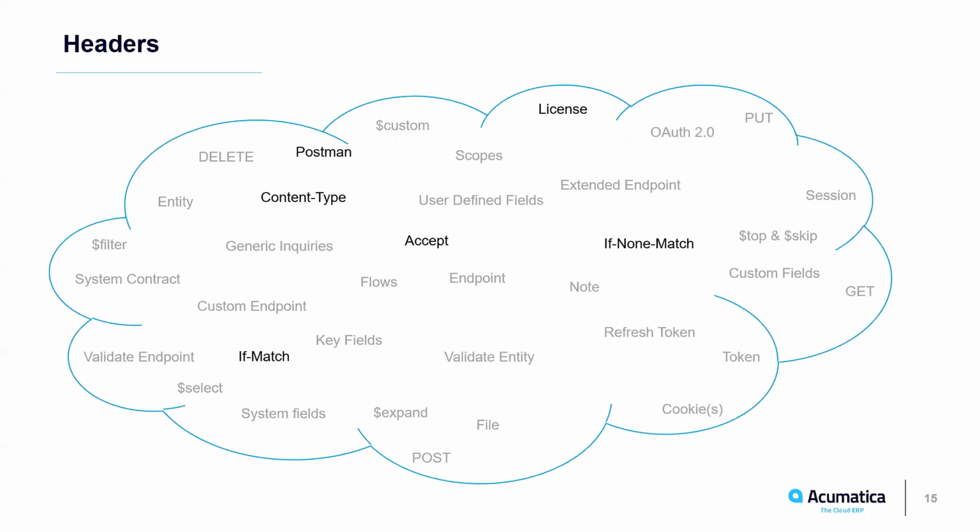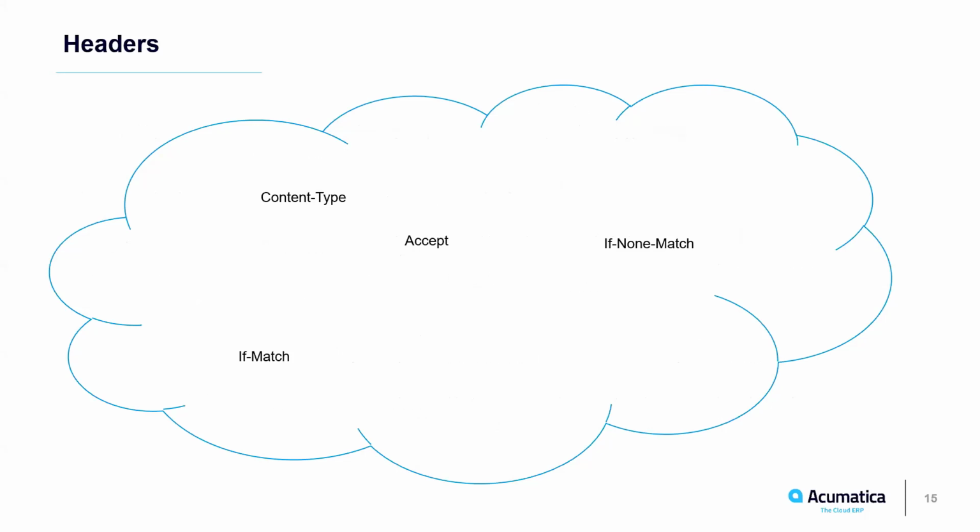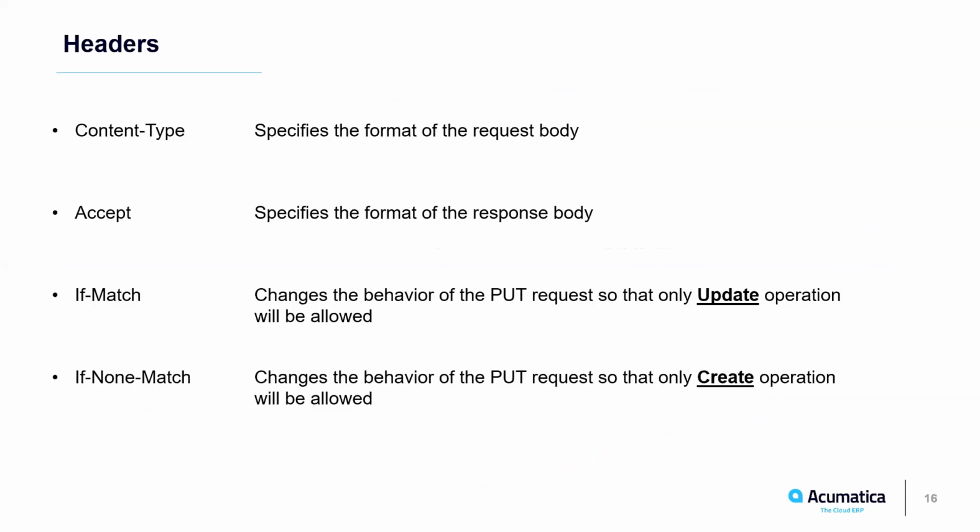Now, let's go over the various headers that you might encounter while using the Acumatica REST API. There are 4 of them. 2 of them are very frequent, while 2 of them you might not have heard of, but they're there if you want to use them. The Content-Type header is used to specify the format of the request body that you're providing to Acumatica.